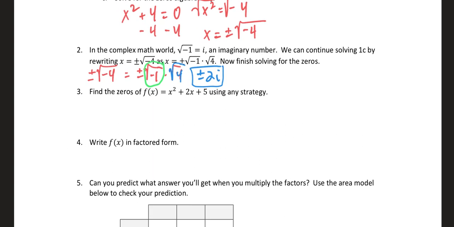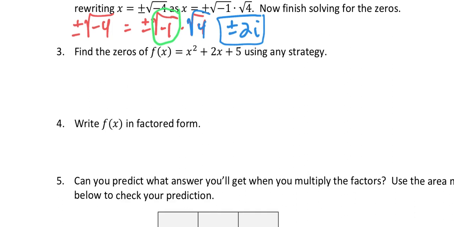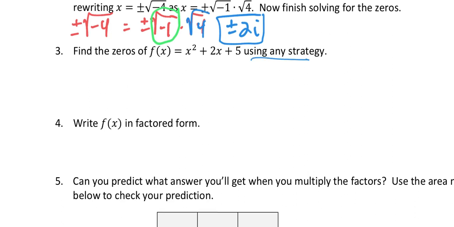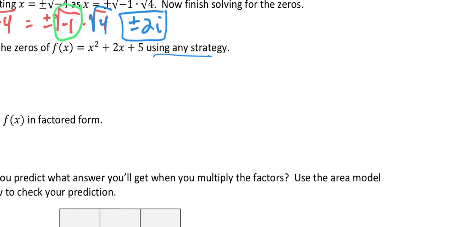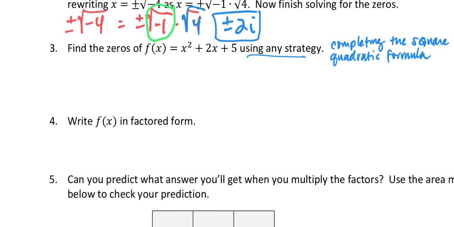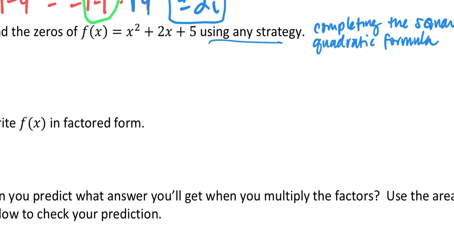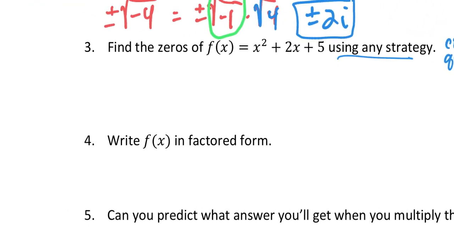Now it says find the zeros of f of x using any strategy. Two of the strategies that you guys can use are completing the square, and you can also use the quadratic formula. I'm going to use the quadratic formula just because I know we've been completing the square a lot, and you might have forgotten the quadratic formula.